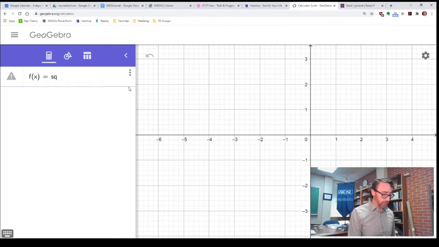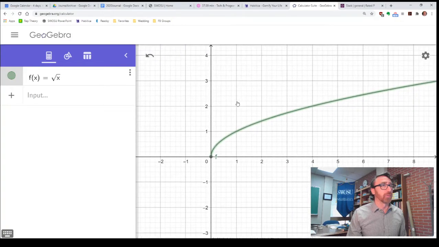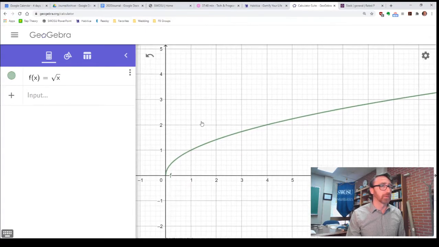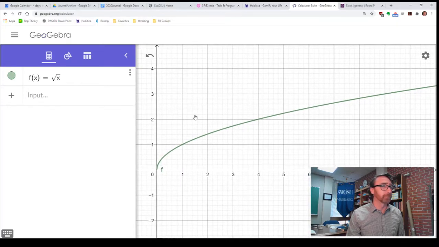In GeoGebra, I believe the command is sqrt of x. Okay, so square root x. Now I'm going to drag the drawing pad over like that, right? There's nothing happening on the left-hand side of the x-axis, and there's nothing happening below the x-axis either. So here's where we are.